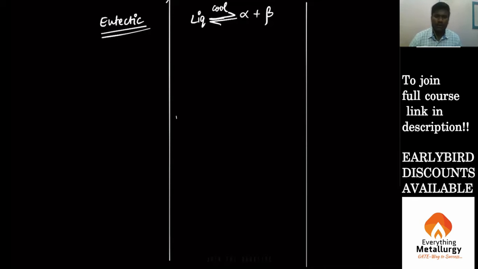But you must know the phase diagrams are all equilibrium diagrams. Obviously you will have some differences when metastable phases are forming, but usually the equilibrium diagram is what they call the phase diagram. That's why I introduced this equilibrium symbol.